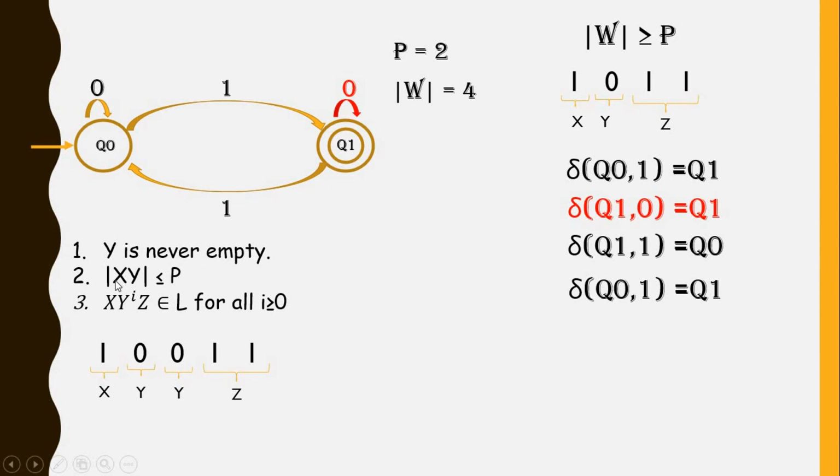And that's why this condition is always true, because by having this condition satisfied, I guarantee that when you pump up or pump down, you will always be in the language, always. And no matter how many times you pump up or pump down, you will be in the language, always. Fair enough? It's the same story when you have more than one accept state.